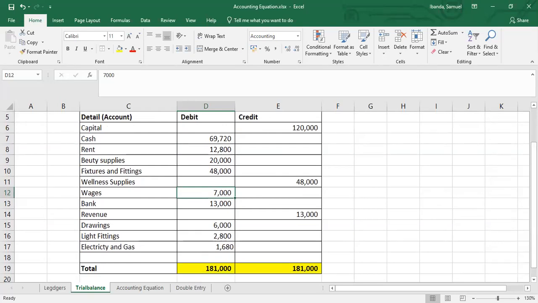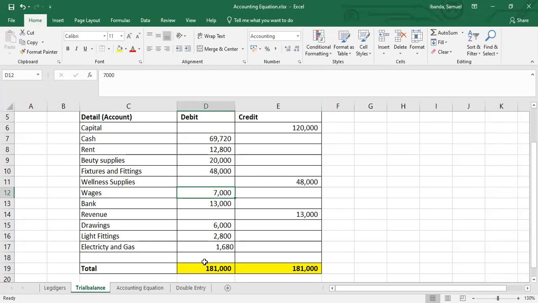Now, from here, you can proceed to prepare your financial statements.